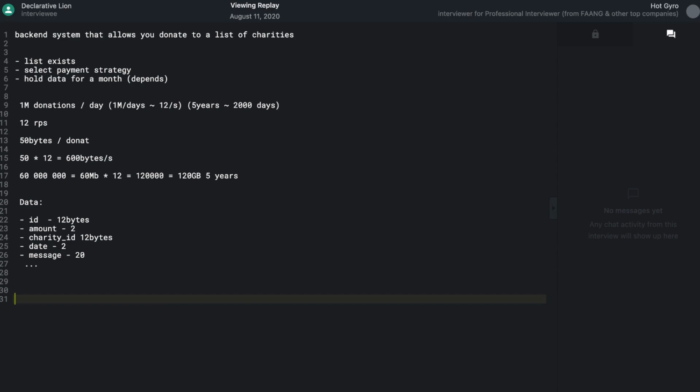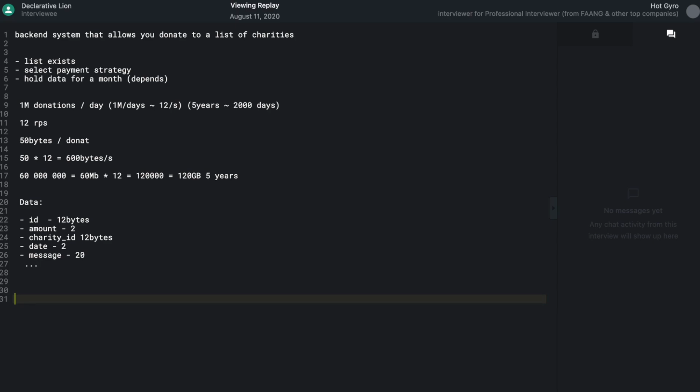If we have donation services, we could, let's say we have 10 replicas, and we have some kind of hash function which, based on the donation service, would generate the ID of the shard server and just put the data there.